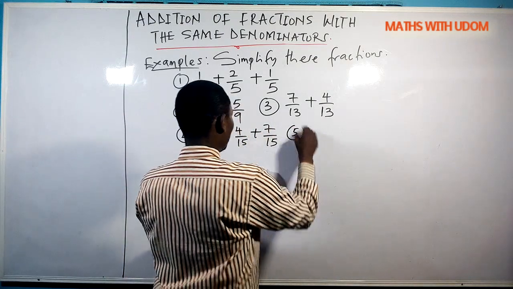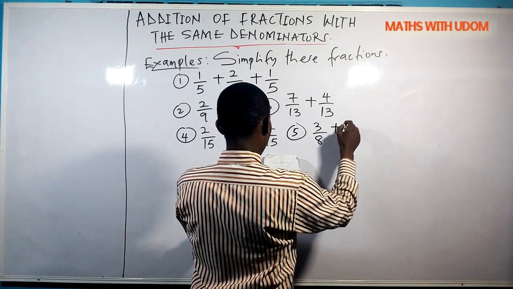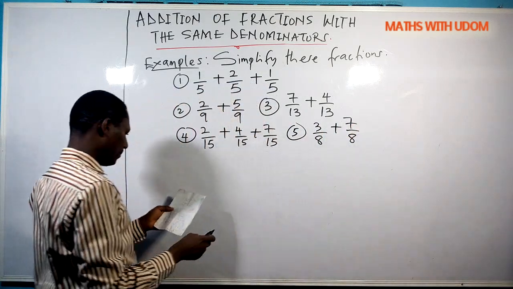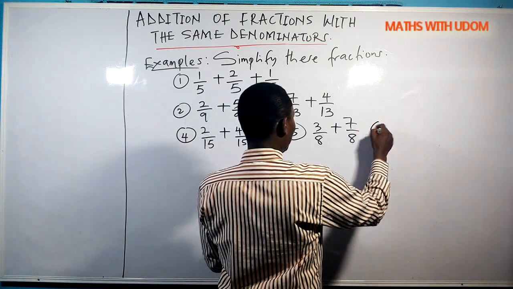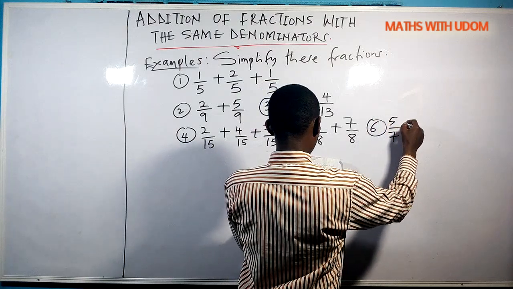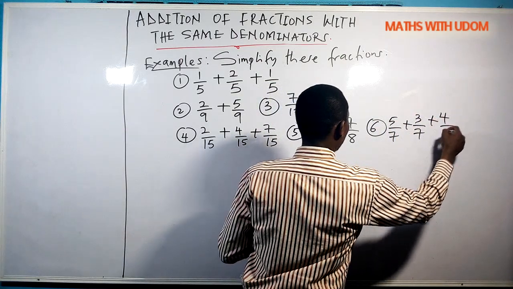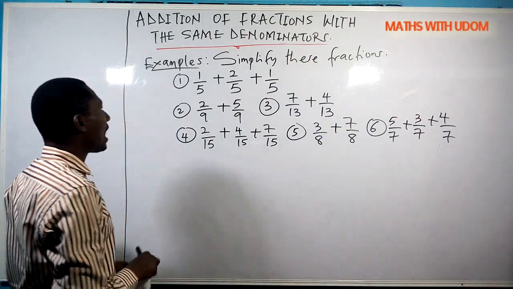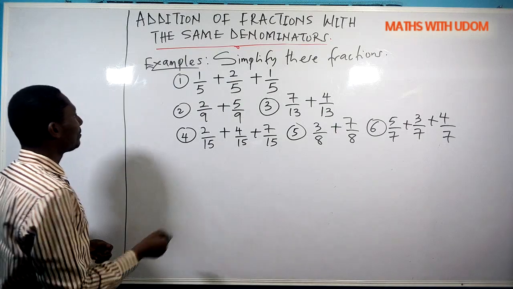Number 5, 3 over 8 plus 7 over 8. And lastly, number 6, 5 over 7 plus 3 over 7 plus 4 over 7. So these are our examples. So let's start solving them one after the other.